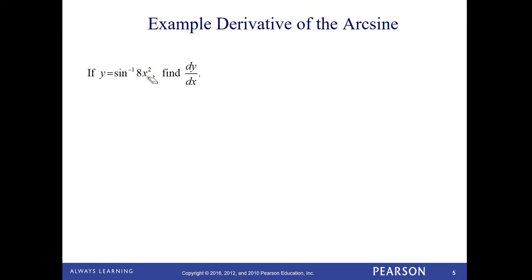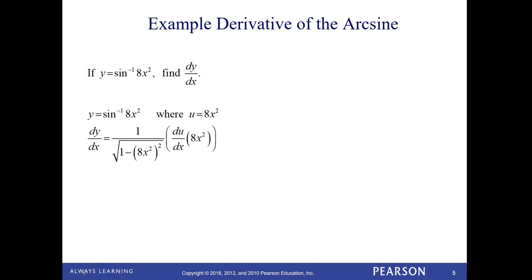We are going to need chain rule. So using my rule, I'm going to say that y is this and u in our definition is our 8x squared. So dy dx is 1 over the square root of 1 minus our function squared times the derivative of that function. Simple chain rule.